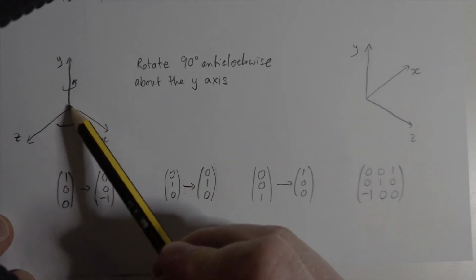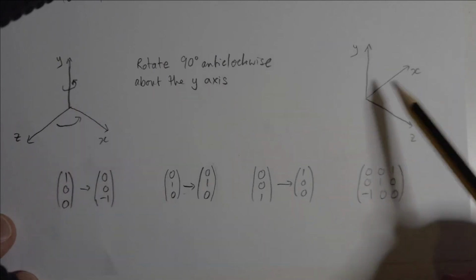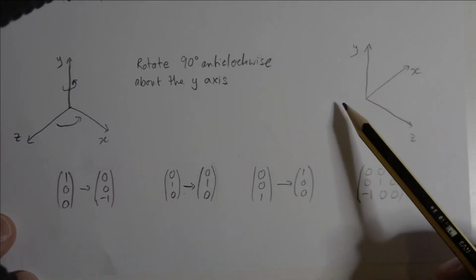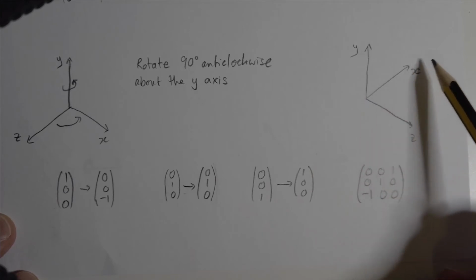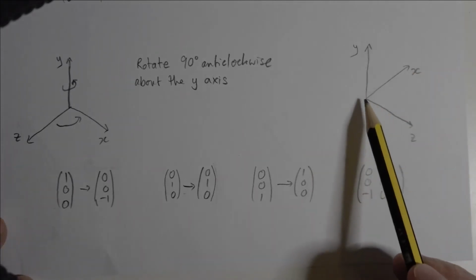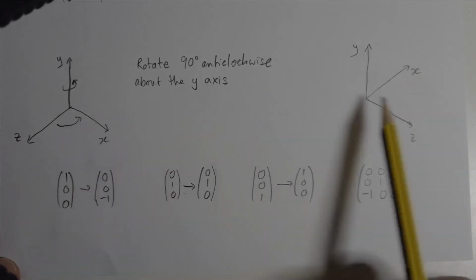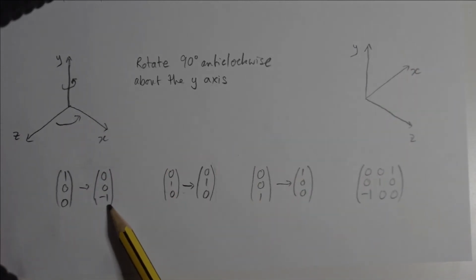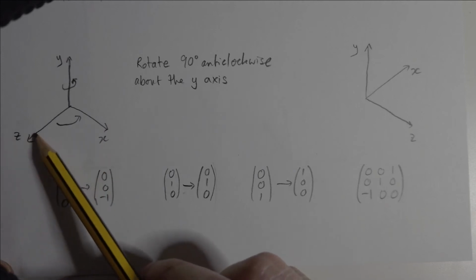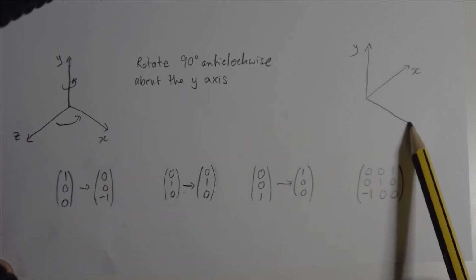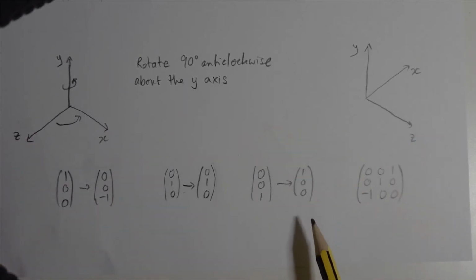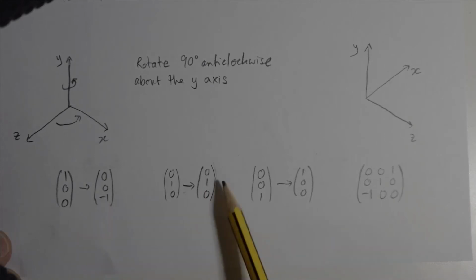What used to be the x direction now appears to be going over here. Well, that is sort of a negative z type thing, isn't it? That's going not towards us, but away from us. And so x is now going over there. That's in the negative z direction now. What was the z has turned into the x-axis now, and so that's a step 1 in the x direction. When you put them all together, it's that.